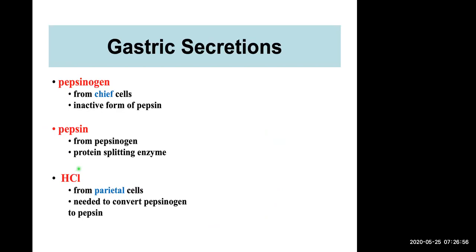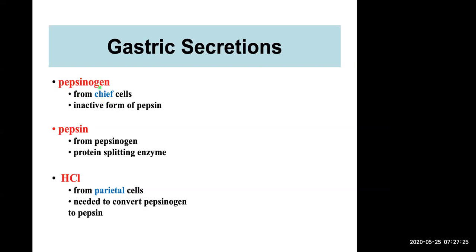All right, so our gastric secretions are going to be comprised of pepsinogen. Okay, pepsinogen is an inactive form of a protein or an enzyme called pepsin. Pepsin's job is to break down proteins, but these chief cells that are found along the gastric pits, they don't make pepsin, they make a precursor of pepsin, an inactive form of pepsin, okay?